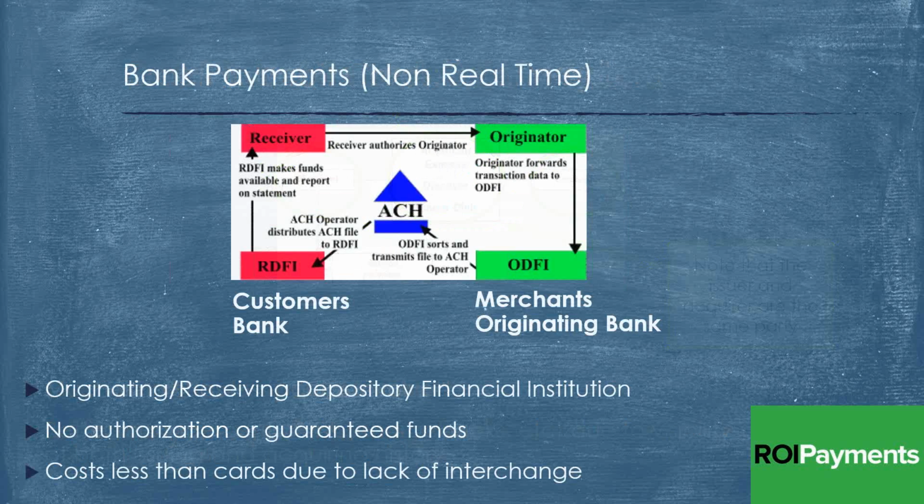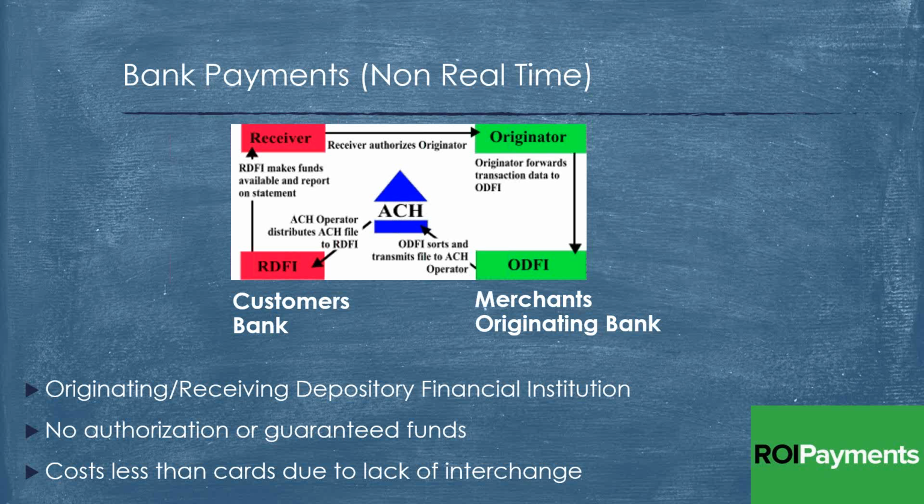Now let's get into the ACH network. Think of the ACH network as very similar to traditional paper checks. The network of deposits happen typically in a 48-hour sequence.